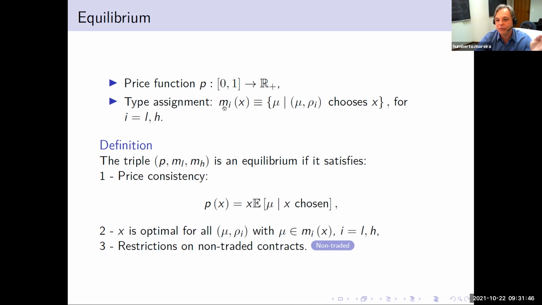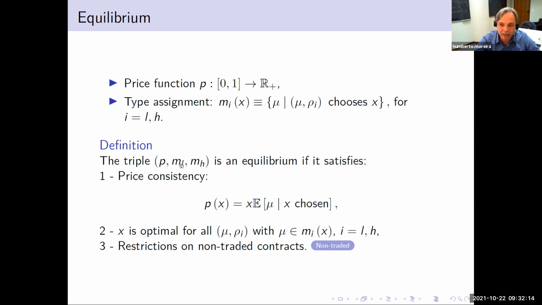I'm going to refer to the type assignment function. For each level of coverage, I'm going to refer to mu as the risk associated with a low risk aversion, and type mu is the risk associated with this coverage level. So for each coverage, there are two types in terms of risk aversion that are potentially associated to the same coverage level, right? So these are the type assignment functions.